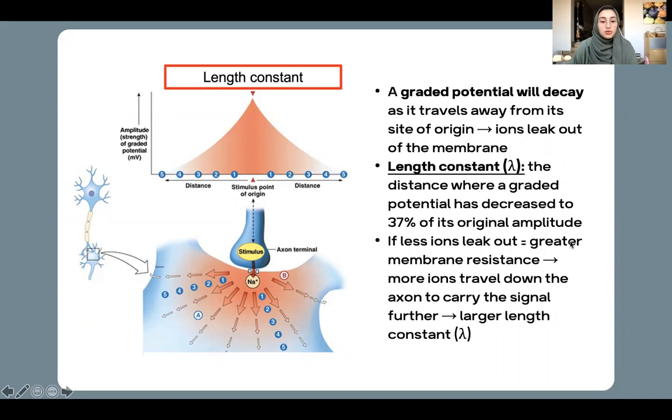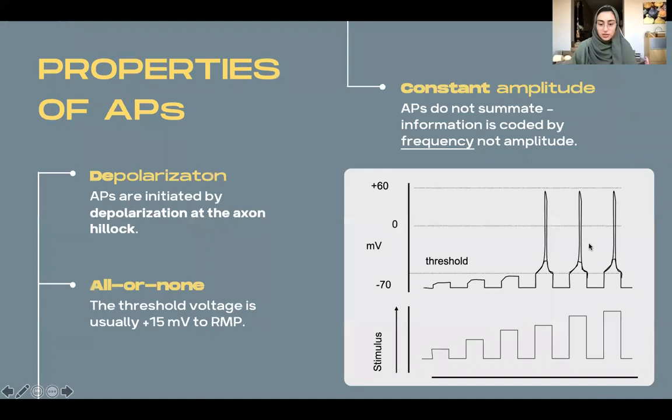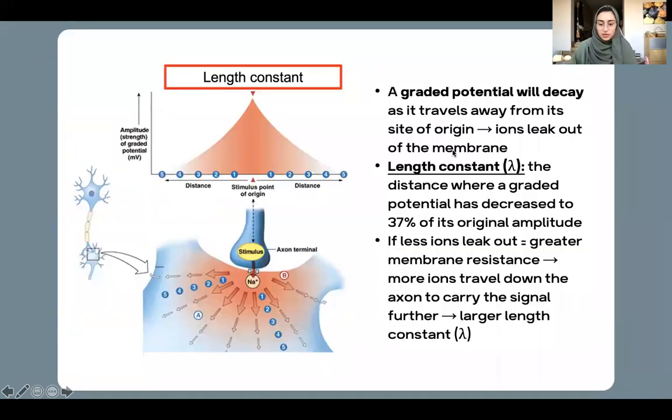Okay, and basically the point of this example is telling you that if you have fewer ions leaking out, which means your membrane is more resistant, more rigid, and not letting the ions leak out as much, then your graded potential is going to be stronger, which means you have a larger length constant. And to be honest, I didn't really see the need to explain this concept. Again, I just said I'd include it in case the doctor wants to ask about it.